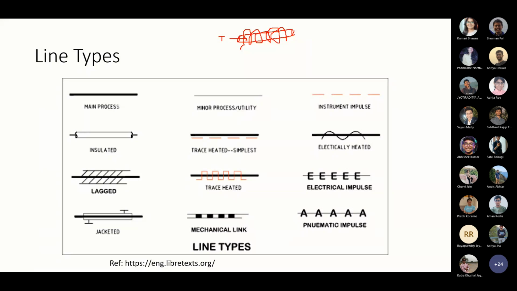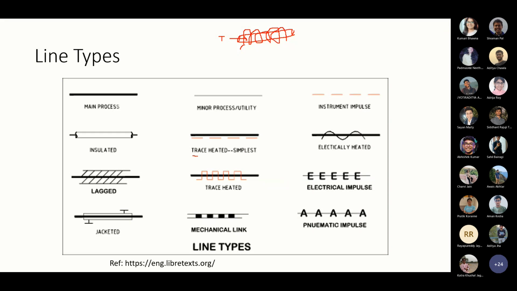This is along the pipeline. You are putting this coil and you're heating it. Such a thing is called a trace heated line.